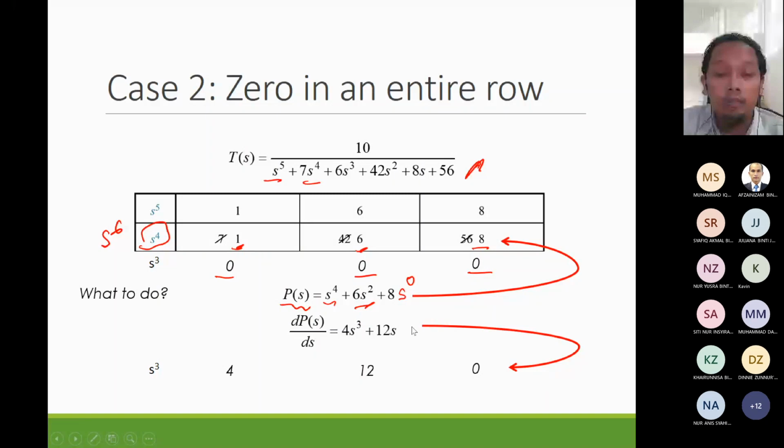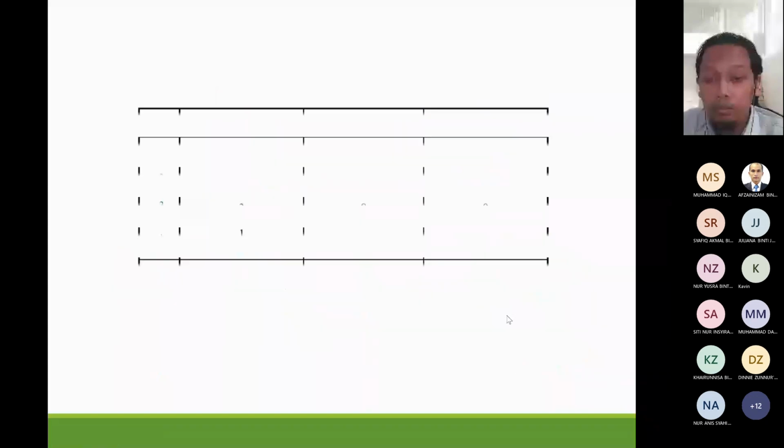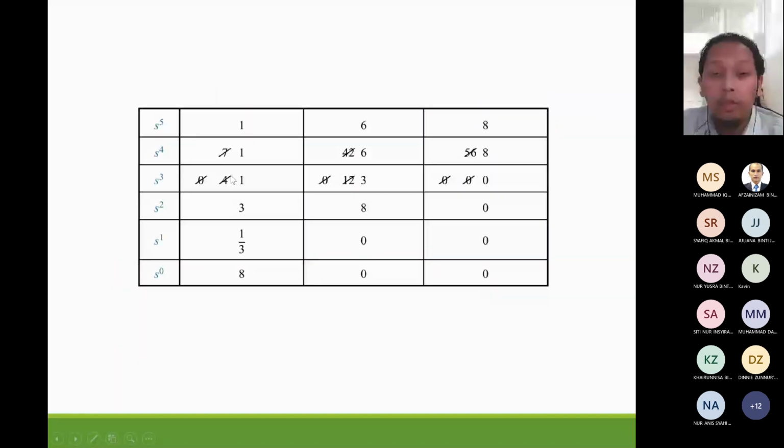And then we don't have any more coefficients, so we just put 0 in the remaining column. Then after we put the values 4, 12, and 0, you can simplify by factorizing 4, or you can choose not to simplify. Then we calculate row S2 and so on as usual. Okay, continue as usual, so you get the remaining rows.